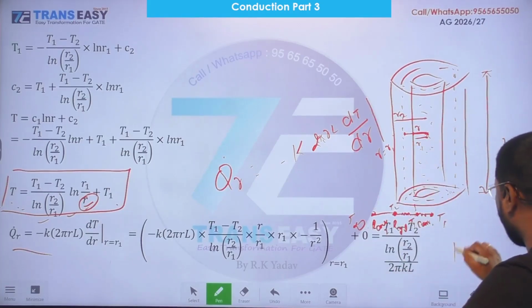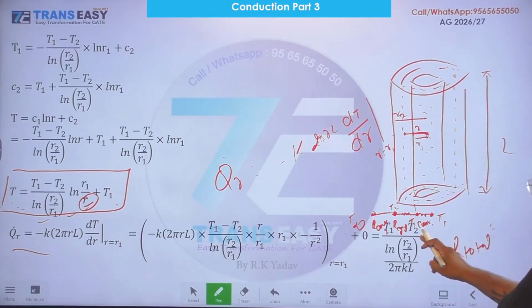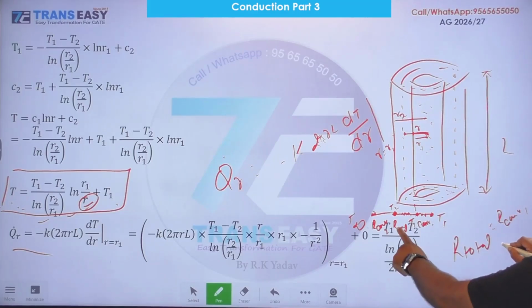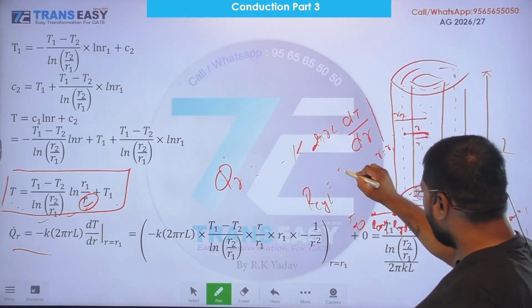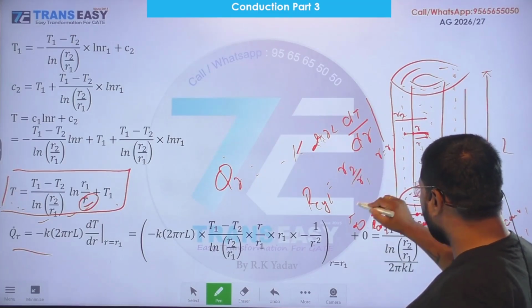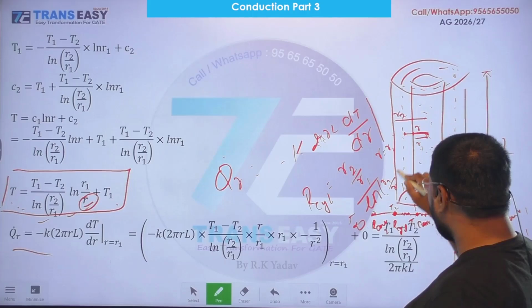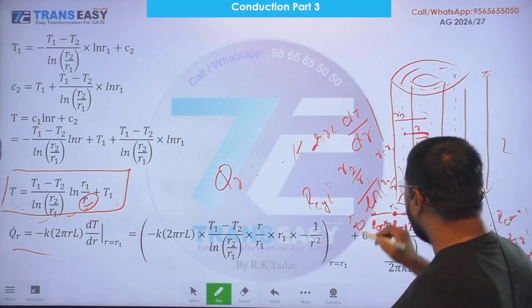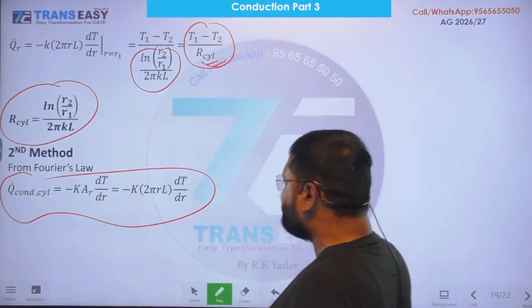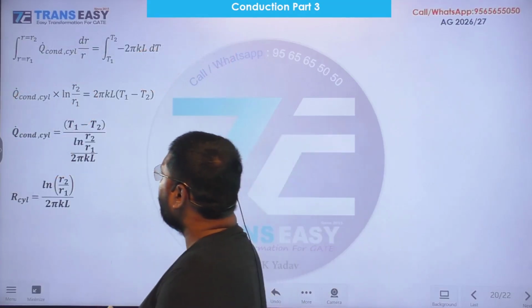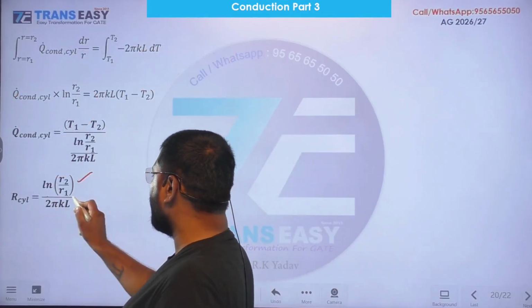So what will the total resistance be? R total equals R convective 1 plus R cylinder plus R convective 2, and R cylinder is ln R2 upon R1 over 2 pi KL.